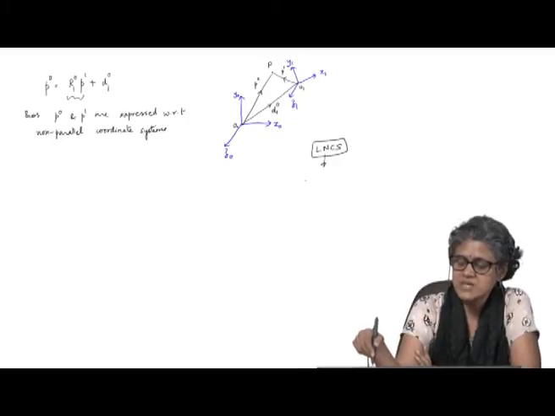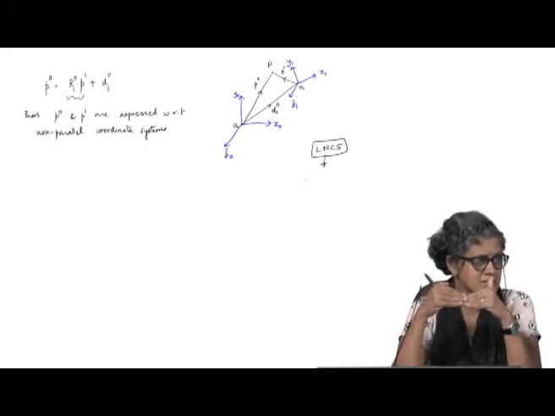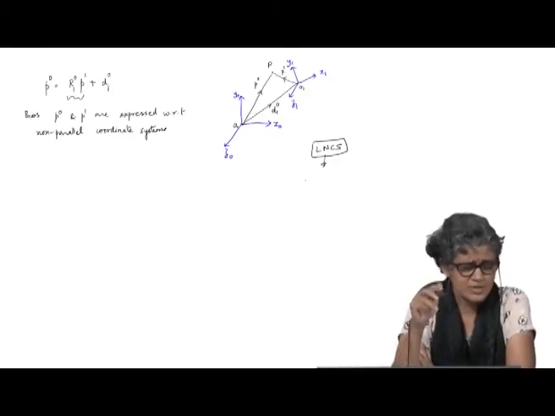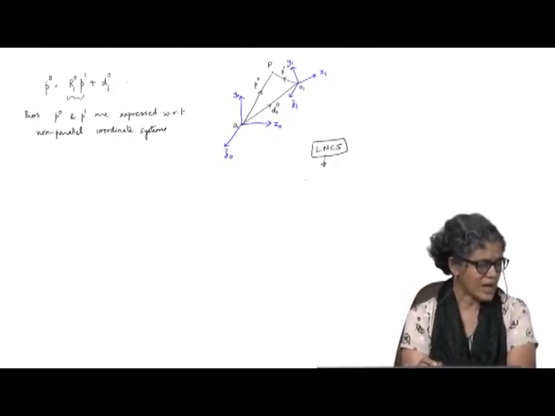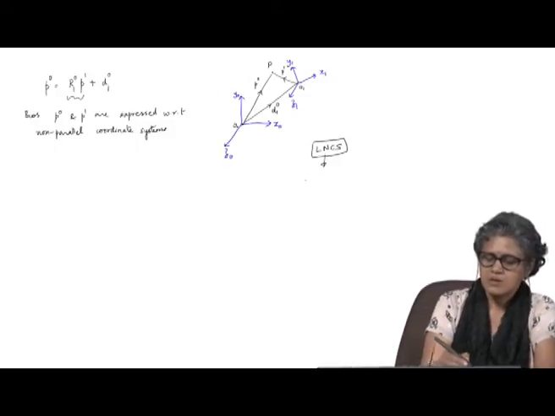If they were expressed in coordinate systems that are rotated with respect to one another, then you have to apply the appropriate rotation matrix in order to be able to add vectors in these two coordinate systems. Okay.